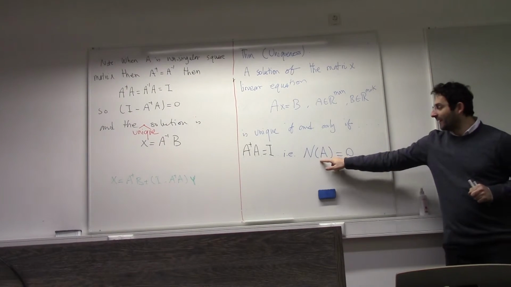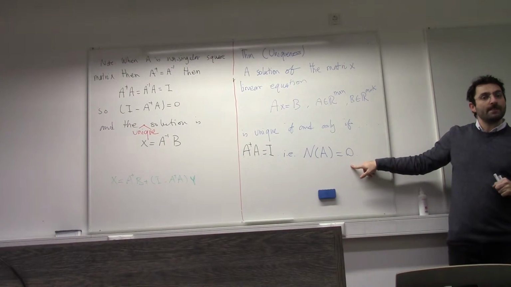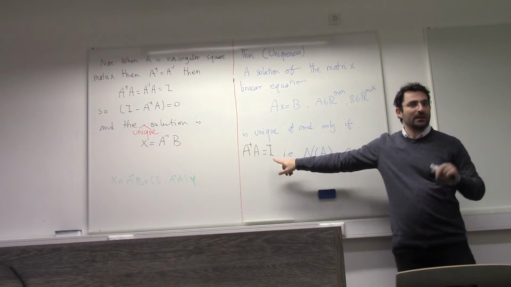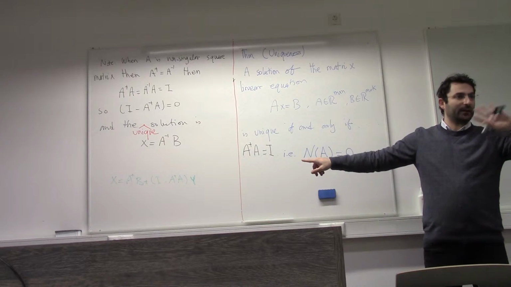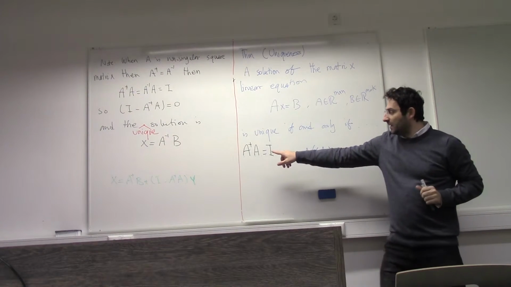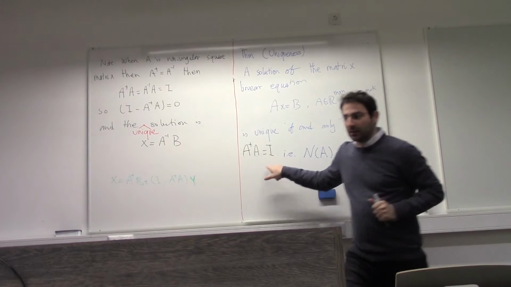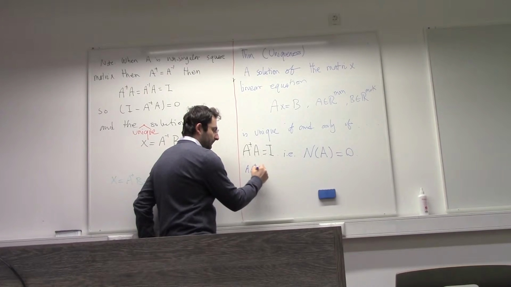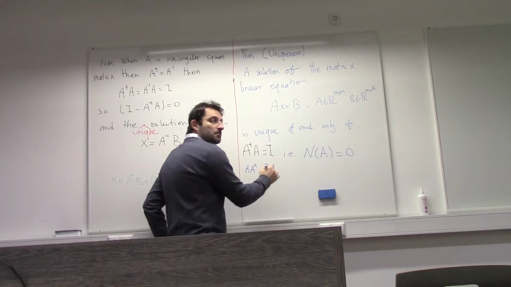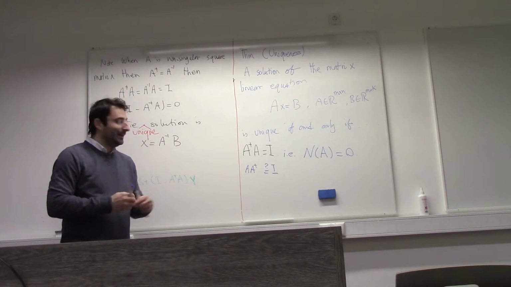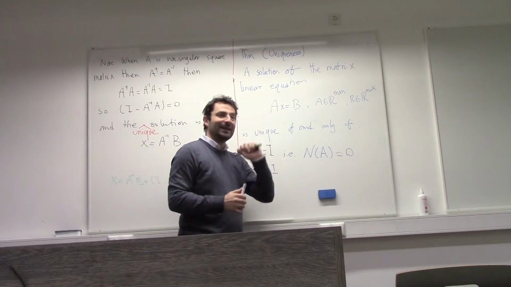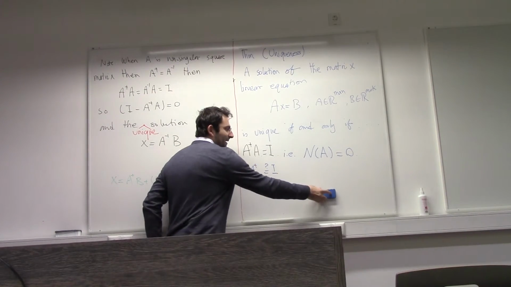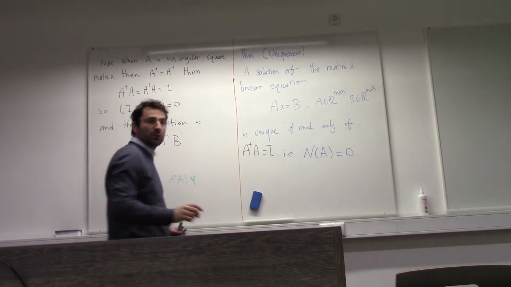So what was the meaning of null space of A equal to 0? We have a left inverse. We don't talk about singularity and anything. A plus A is equal to I. If we have a left inverse, then it means null space of A is equal to 0.